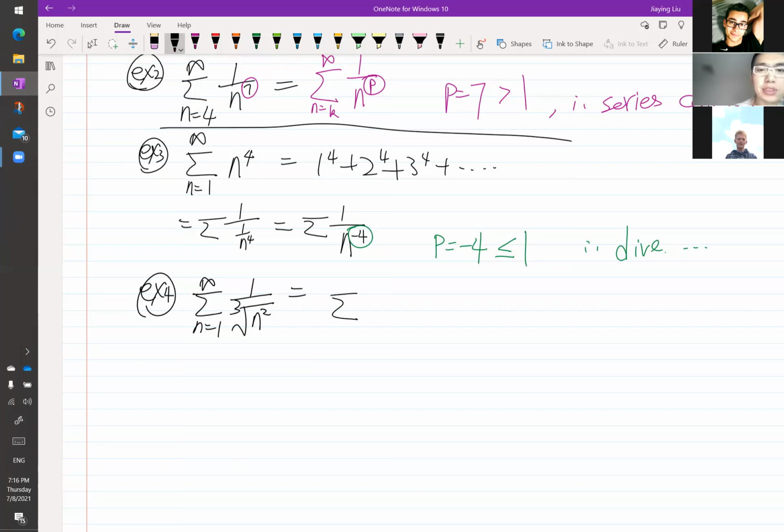So that becomes the series 1 over n squared, cube root, so n to the 2 over 3. And the 2 over 3 is p, which is less than or equal to 1. Well, it's less than 1, we know that. So therefore, it's in the second part of that test, and the series diverges.